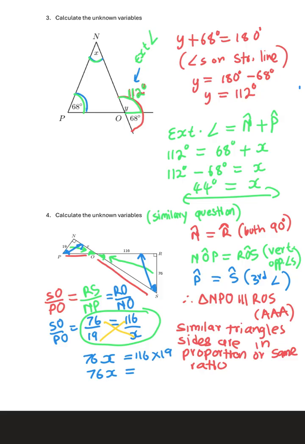It gives us 2204, and divide by 76. The value of X becomes 29. So this is our X value.